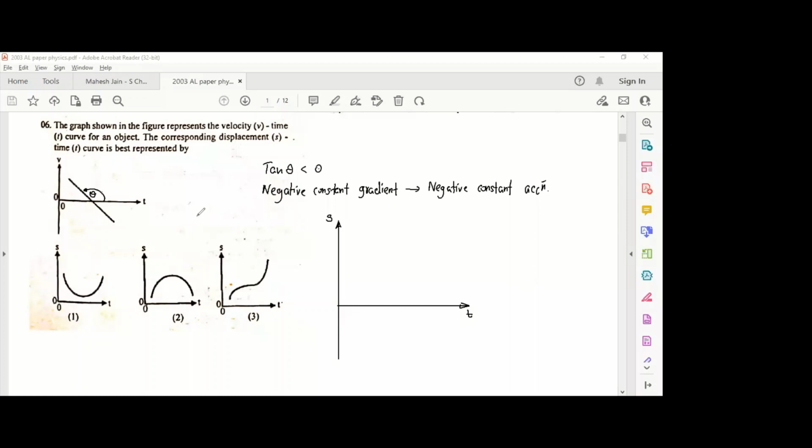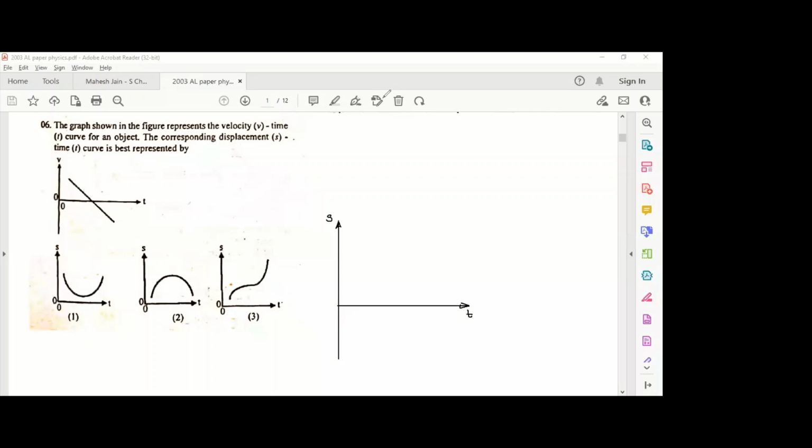So the positive gradient should be decreasing to zero, and then should negatively increase. So let me write that here. I'm going to write that part because the gradient of this graph doesn't relate much to the question.